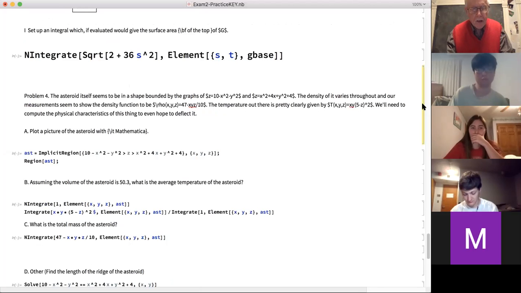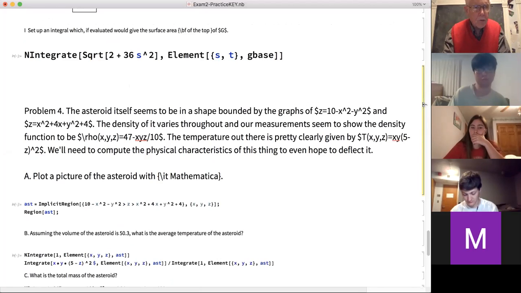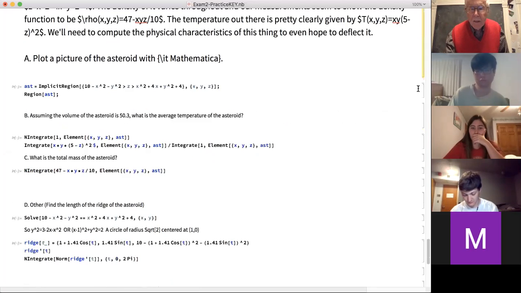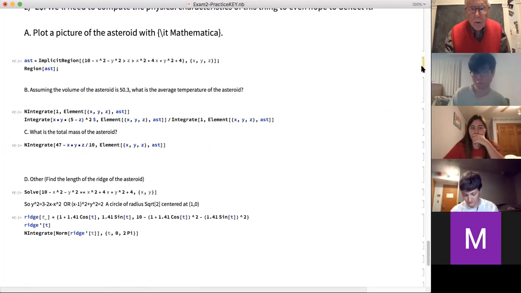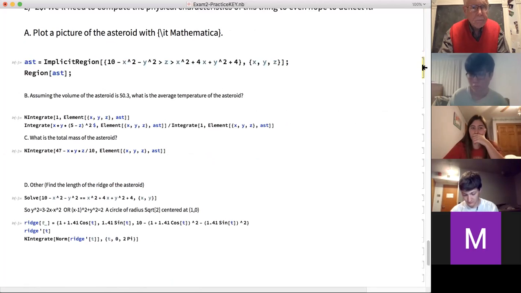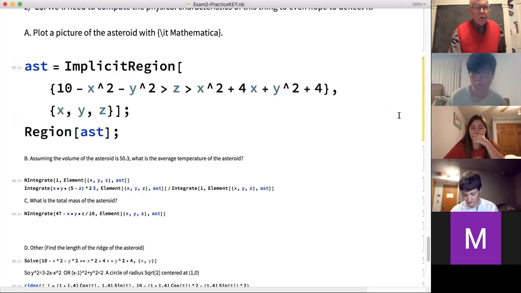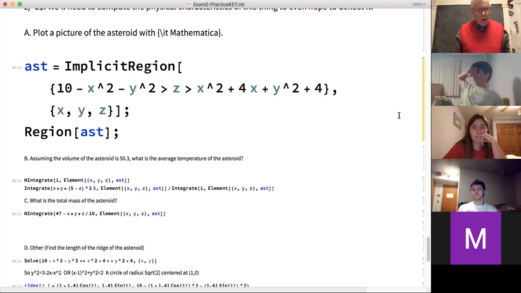Let's just take a second and look at number 4, the asteroid. We're going to picture it. So the asteroid is the region between these two curves that I gave in terms of x's and y's. It is all the x, y, z's between there.